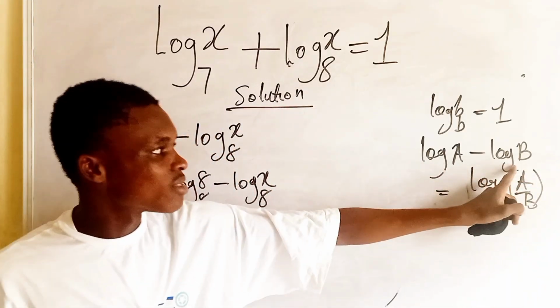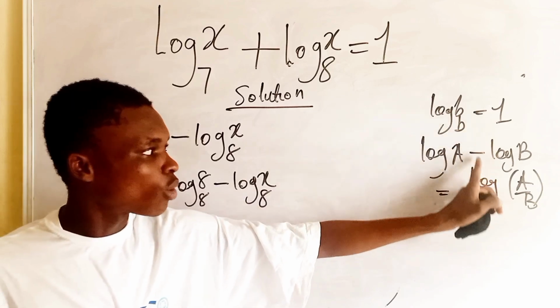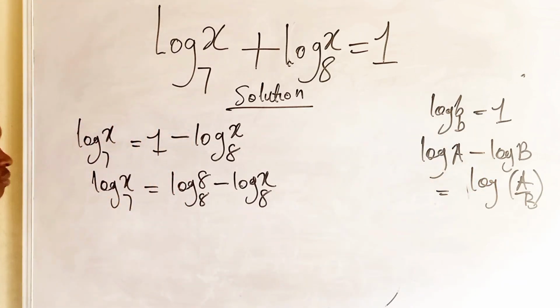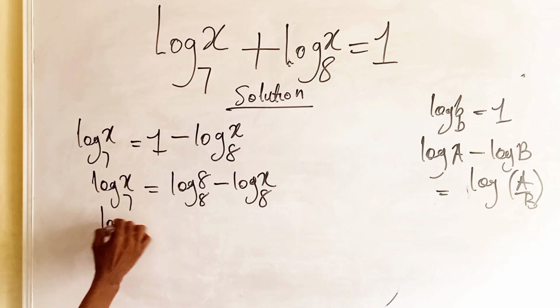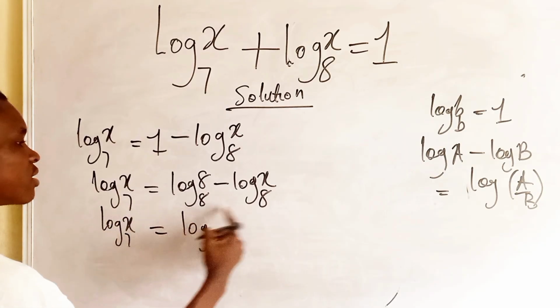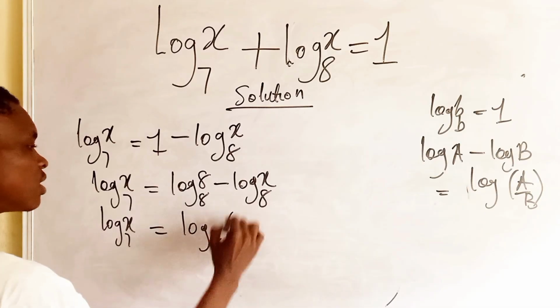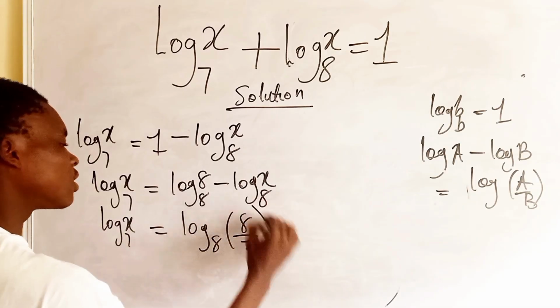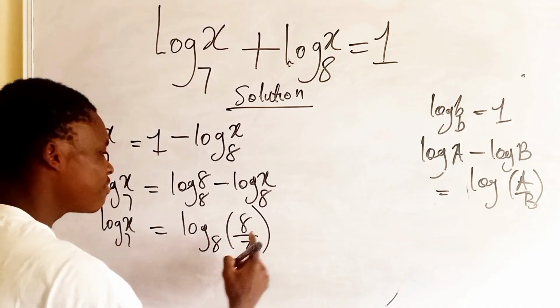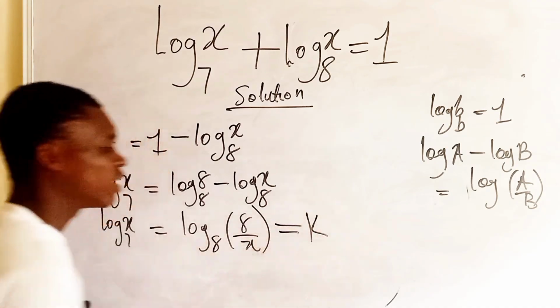Because when the bases are the same and we are subtracting, we take one of the base here and divide the two logs together. So from here we have log x base 7 equals log, take one of the base and divide the rest. So this is 8 all over x. So from here we'll say let everything here equal a letter k.